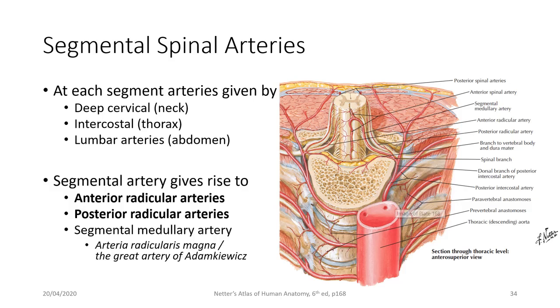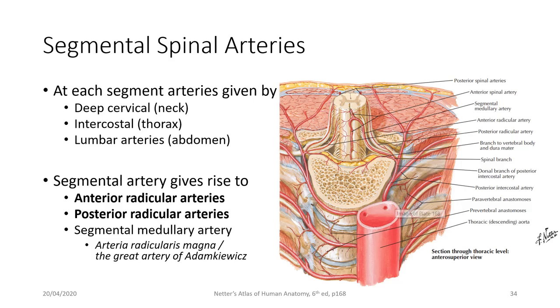They are further divided into three parts. First are the anterior and posterior radicular arteries. They are seen here. The branches that go with the anterior root of the spinal nerve to the spinal cord are anterior radicular arteries. Then there are arteries that go with the posterior root of the spinal nerve to the spinal cord.